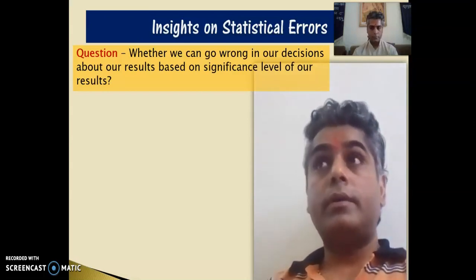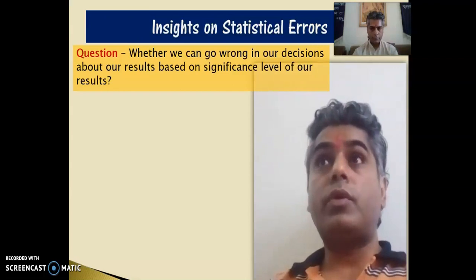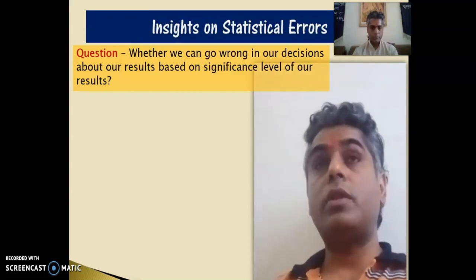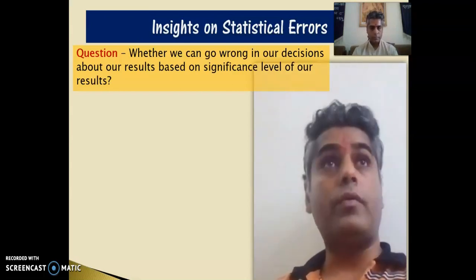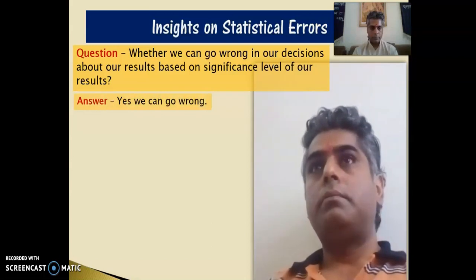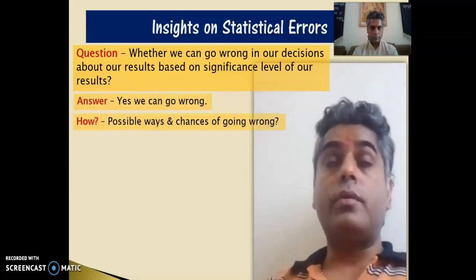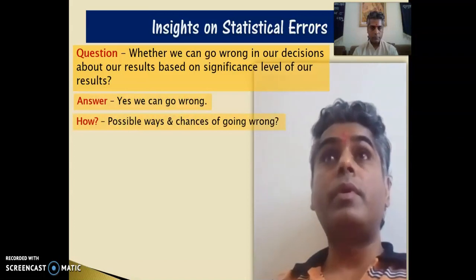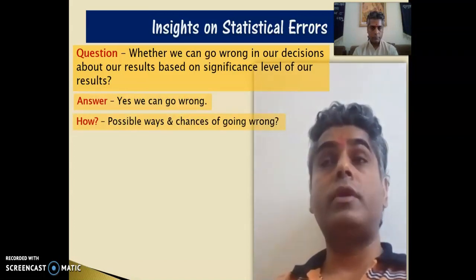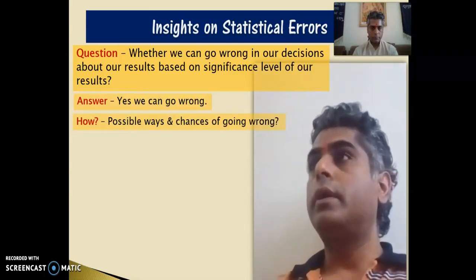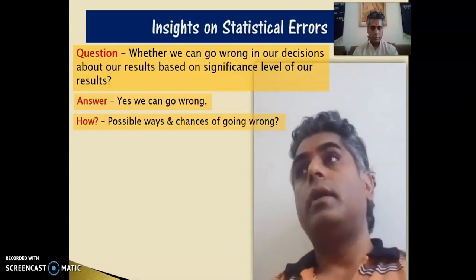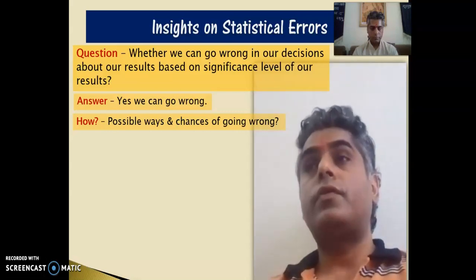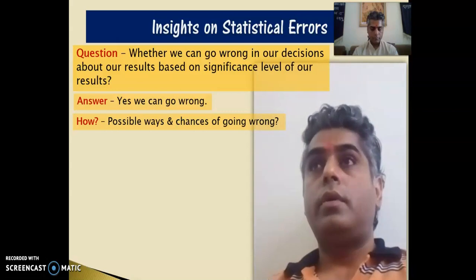Well, however, what are the possibilities and what are the possible ways in which we can go wrong? Also, what is the probability, or what is the chance that we can go wrong in actually arriving at wrong decisions with respect to the assumptions that we make?